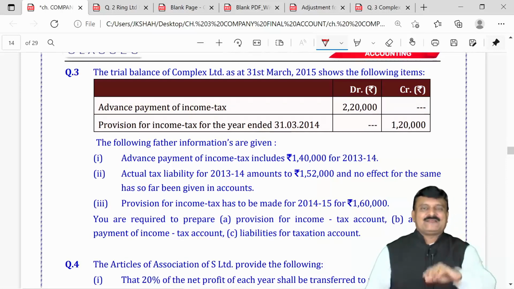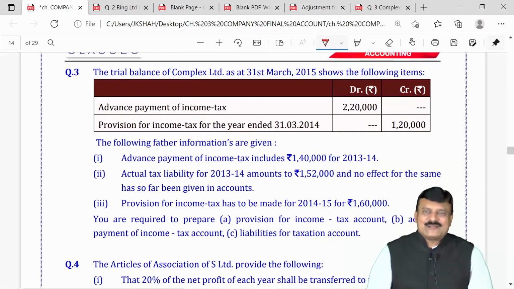This demand raised by the assessing officer from your company, we can call it either gross demand of income tax, or liability for taxation. Some people call it income tax liability. The meaning is after all the same, friends. We proceed with understanding of that thing.